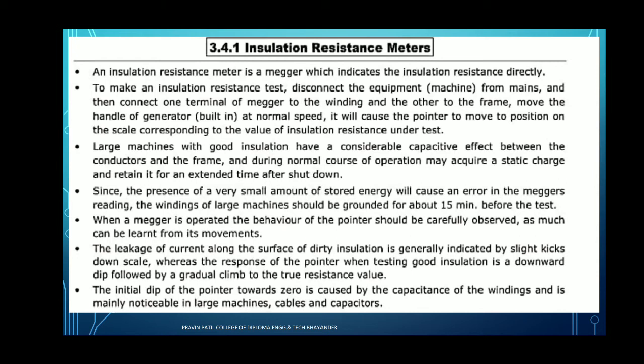The initial dip of the pointer toward zero is caused by the capacitance of the winding of electrical machines and is mainly noticeable in large machines, electrical devices, cables and capacitors. So these devices are measured with the help of insulation resistance meters.